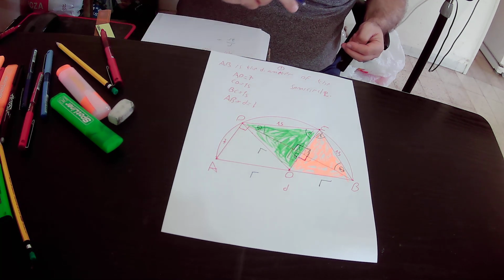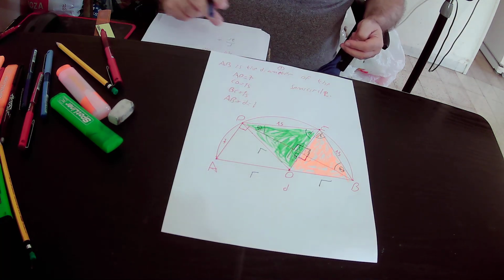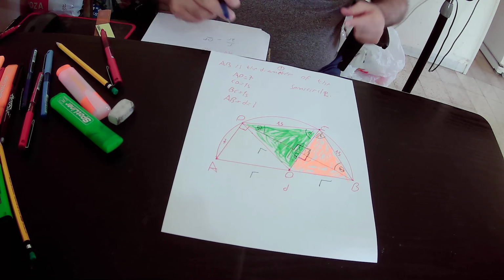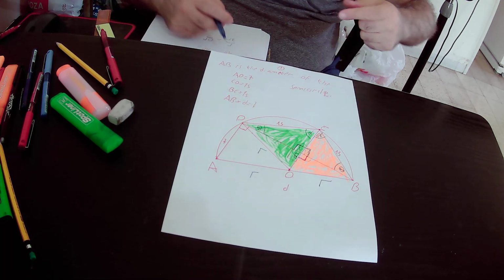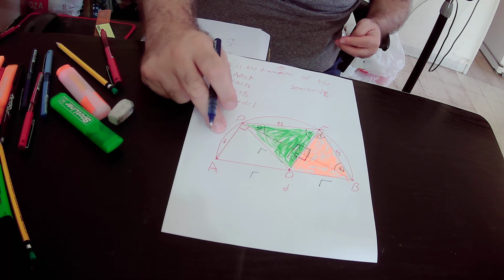What is the value of OE? OE will remain as it is, OE over AD. What is the value of AD? AD equals 7 units. It is given in the question.